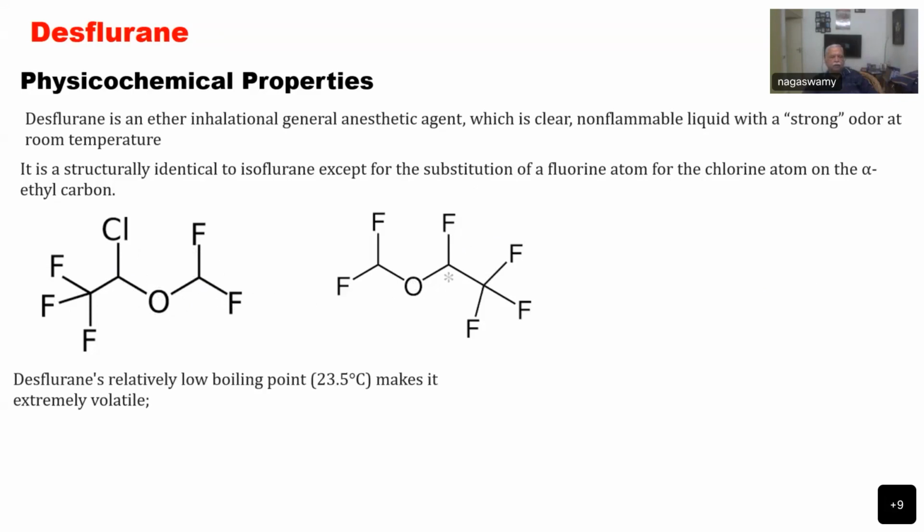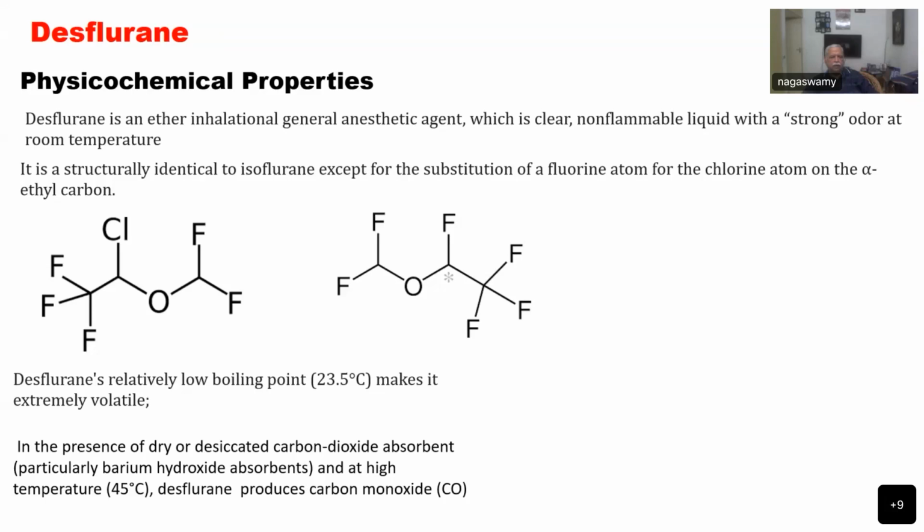Desflurane's relatively low boiling point makes it extremely volatile. In the presence of dry, desiccated carbon dioxide absorbent, particularly barium hydroxide absorbent, and at high temperature, it gets converted to carbon monoxide.